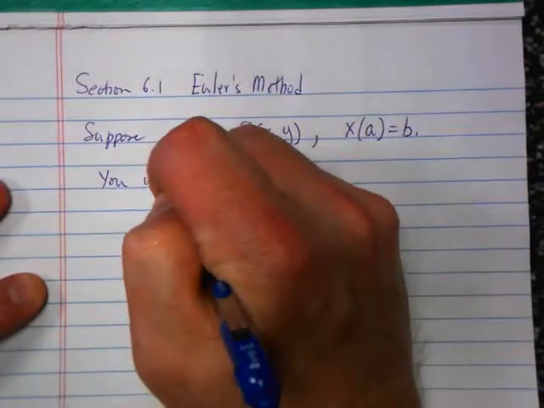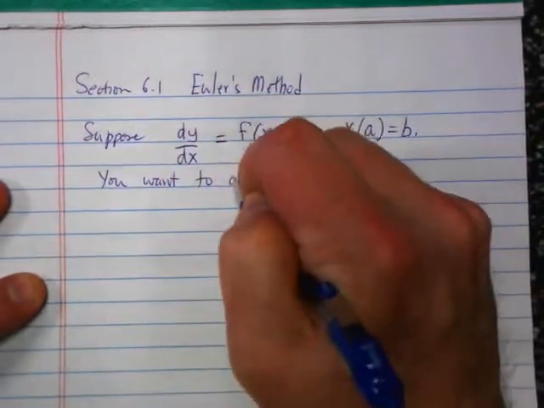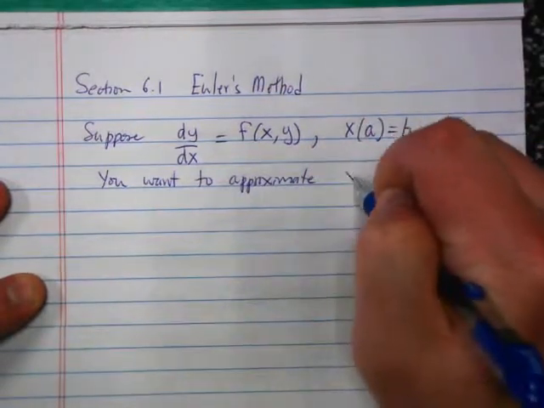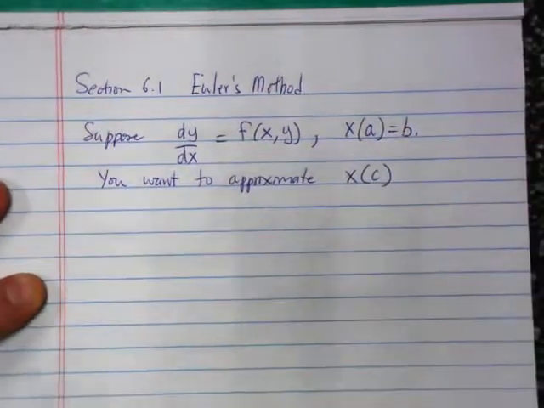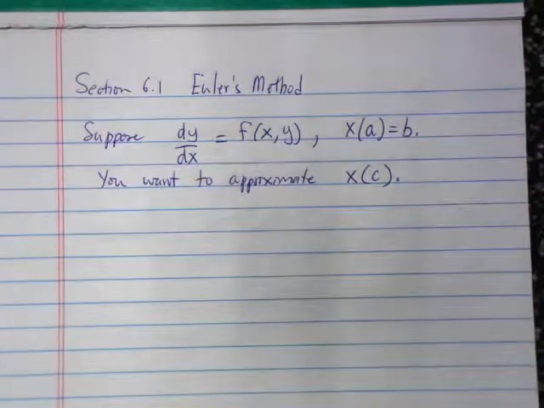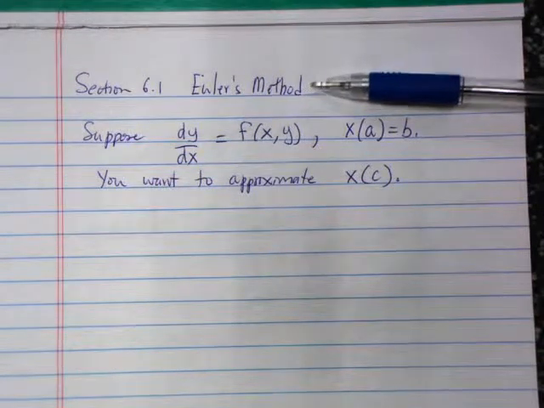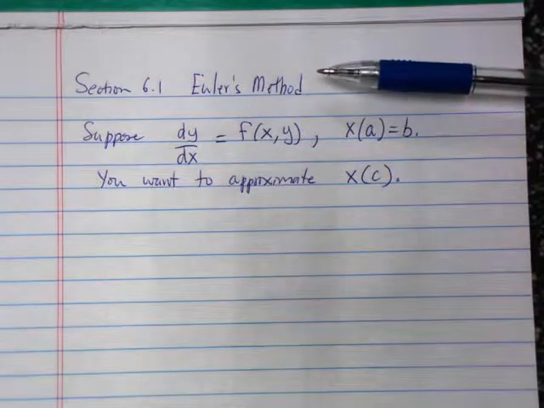You want to approximate x at some other value, we'll call it c. What we're going to do in section 6.1 is learn a method for approximating solutions to differential equations. This will be Euler's method.